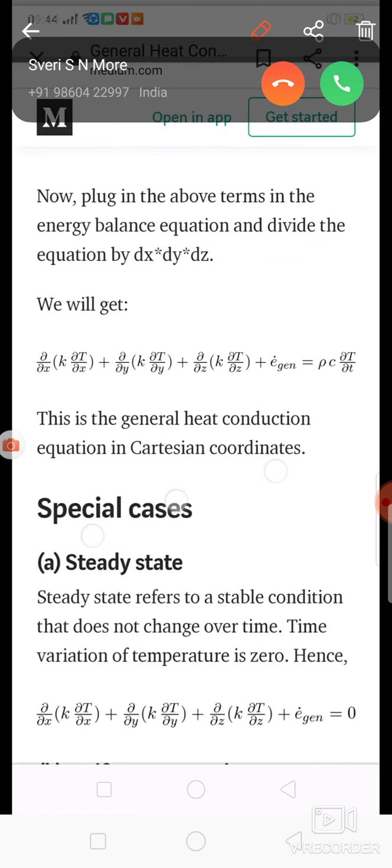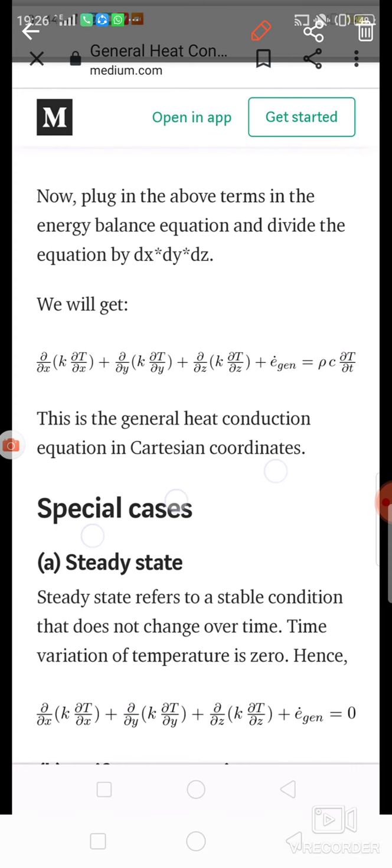After that we get the equation: ∂/∂x of k ∂T/∂x plus ∂/∂y of k ∂T/∂y plus ∂/∂z of k ∂T/∂z plus the energy generated, that is E dot generation or q_g, is equal to rho c into ∂T/∂t. So this is the general heat conduction equation in Cartesian coordinates. Now we have to consider some special cases.